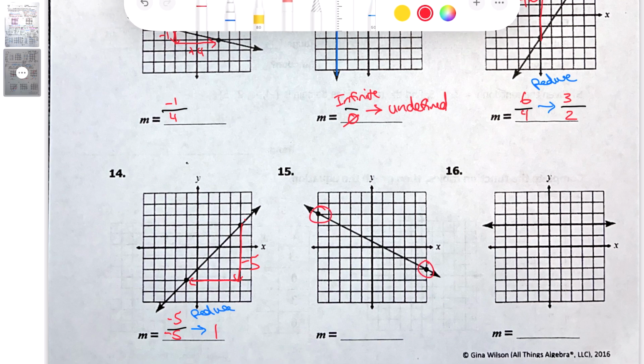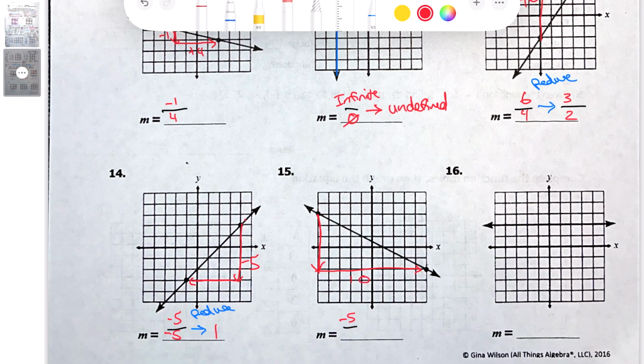All right, so for this next one, we have our 2 points here. So I'll just go back left to right. For whatever reason, I like going that direction. So we're going to go down, and that was 1, 2, 3, 4, 5. And then we're going to go to the right, so that's going to be positive 10.